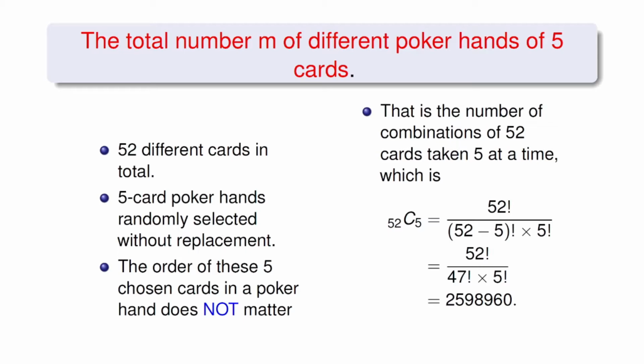We can easily find this number using a calculator. Now M is given here. It's a pretty large number.